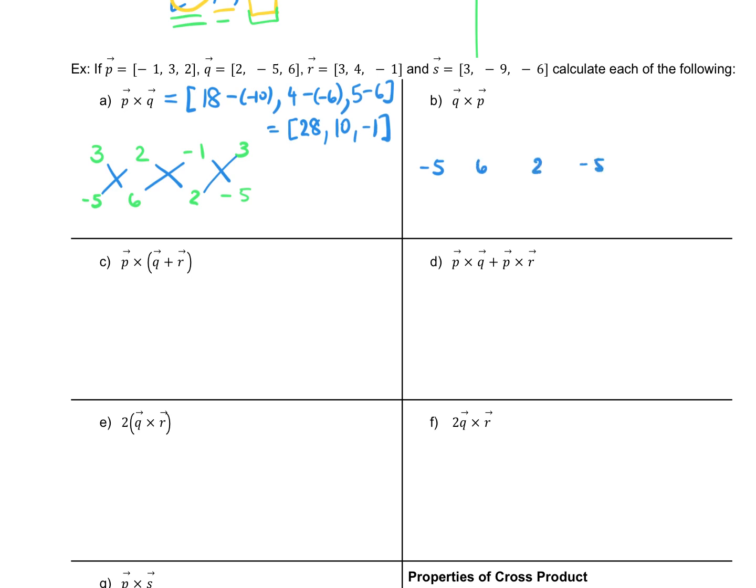And then vector P on the bottom, starting with the 3, 2, -1, back to 3. And now, -10 minus 18. -6 minus 4. 6 minus 5. Clean that up, and we get -28, -10, and +1.